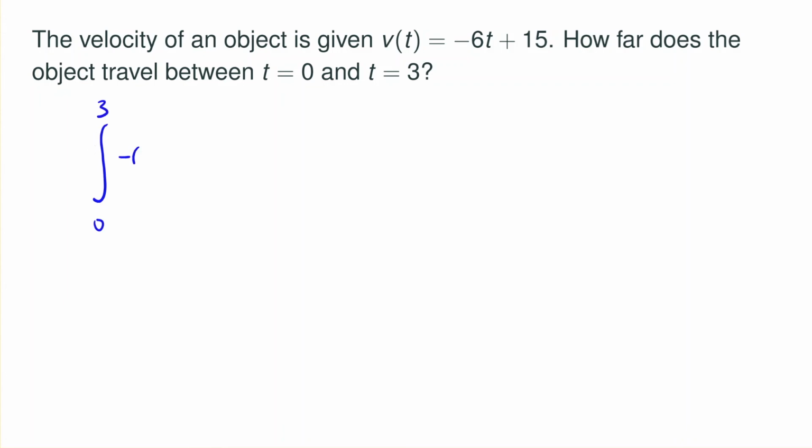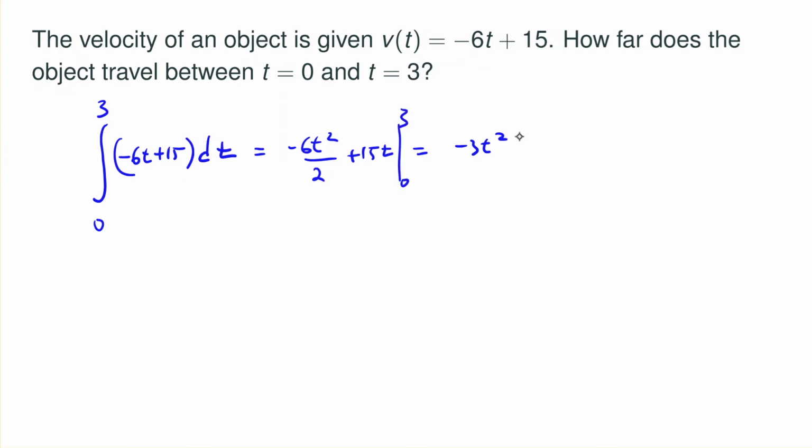Negative 6t plus 15, with respect to time. So let's take the antiderivative by the fundamental theorem of calculus first to evaluate. So this is the antiderivative, which is negative 3t squared, I guess I should write here technically, plus 15t.